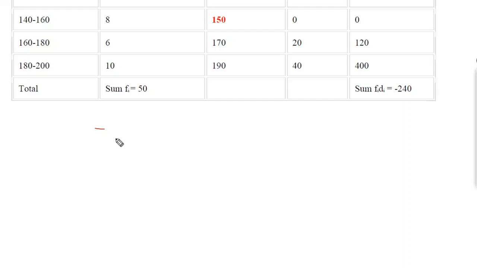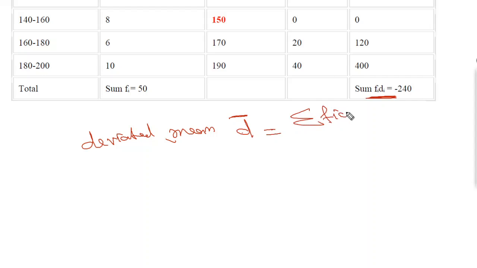Okay, first of all, here we have to find the assumed mean. No, we don't have to find the assumed mean, we have to find the deviated mean. Deviated mean, that is d bar you can write. So d bar, or deviated mean, equals sum of fi di divided by sum of fi.